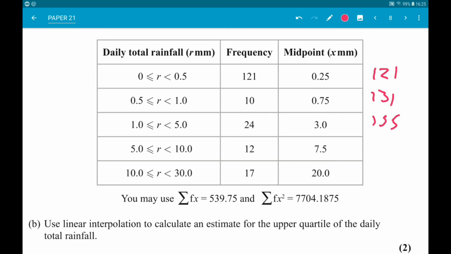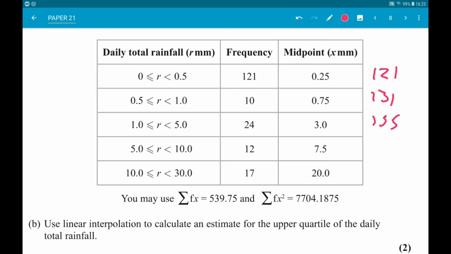Now, there are 24 days in that, so we are going 7/24 into the interval. Now, the interval is 4 wide, because it's going from 1 to 5.